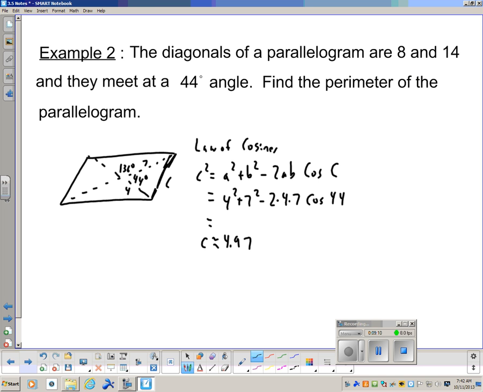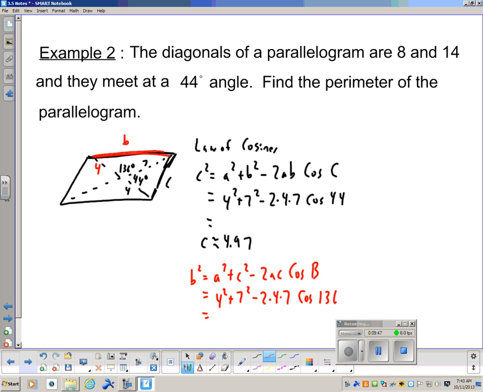So I've got this length there, so now let's work with, we also need, here I'm using red, this side length here as well. Let's call this one B this time. So this one over here is 4. So I can use my law of cosines again. This time I've got b squared equals a squared plus c squared minus 2ac cosine B. So I've got 4 squared plus 7 squared minus 2 times 4 times 7 times the cosine of 136.